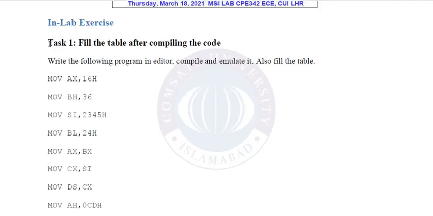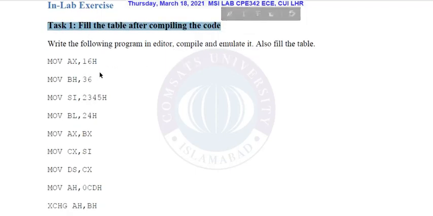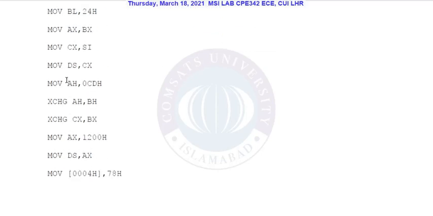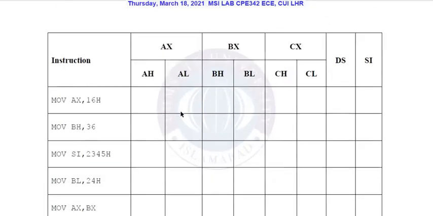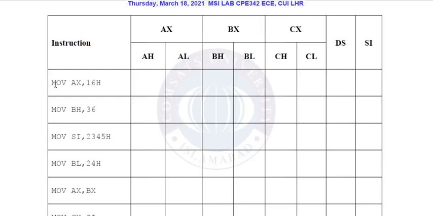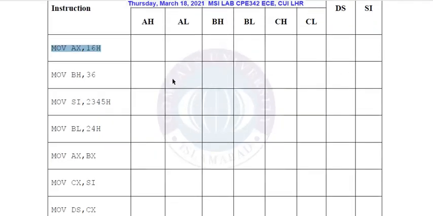So moving to lab task 1, basically this is the lab task. You are just required to copy this code into your emulator and execute it step by step, and by executing each statement you are required to fill out the following table. Here you can see that as the instruction is given, you need to write all the values of each register and check what the updates are after executing each instruction.